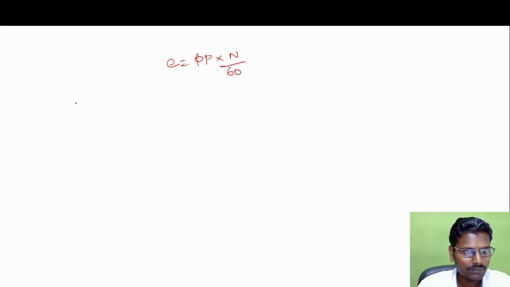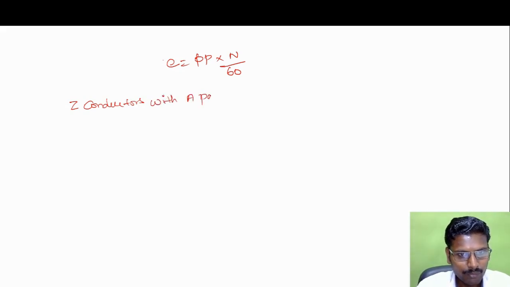Now for Z conductors with A parallel paths, so as I already told, parallel path is nothing but the number of paths in a machine that a current can flow between the generator terminals, right?